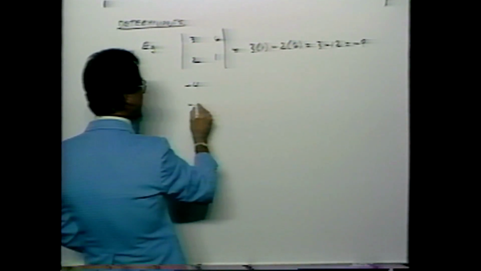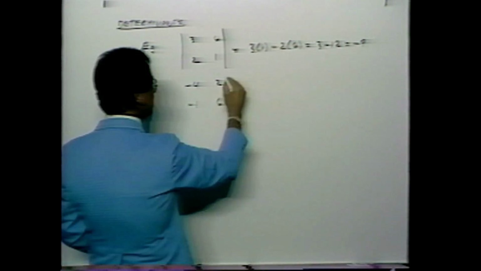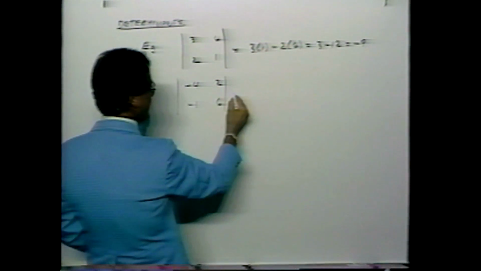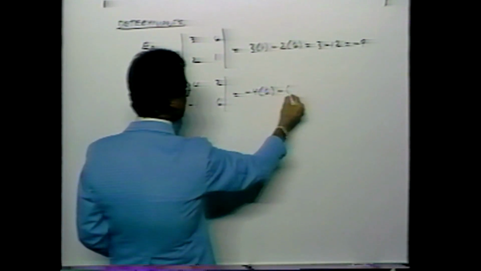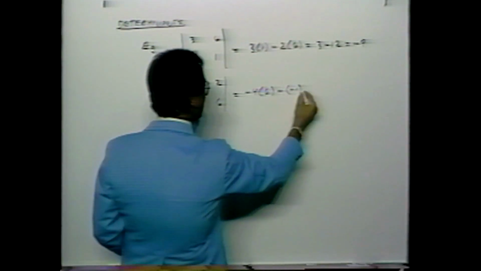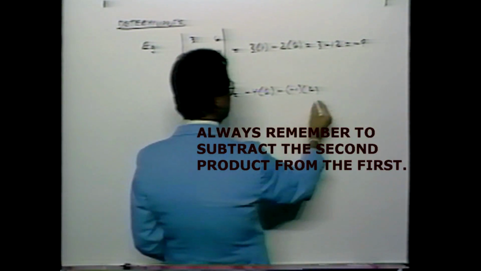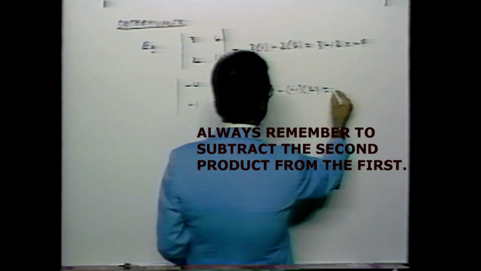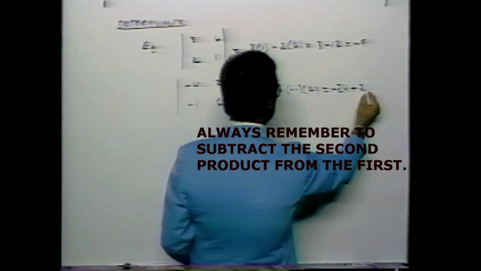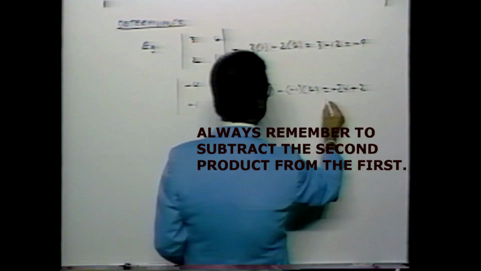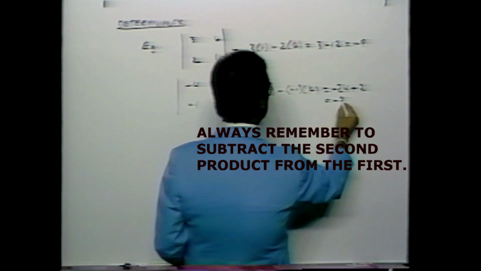Minus 4, minus 1, 2, 6. Minus 4 multiplied by 6, subtract negative 1 by 2. This is equal to negative 24, positive 2, and that is equal to negative 22.